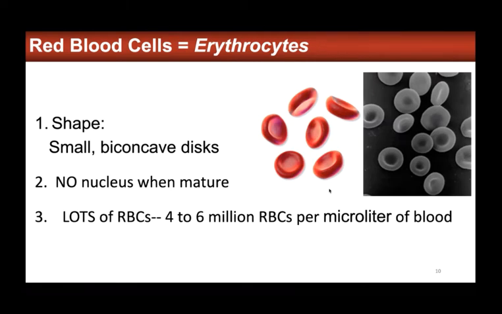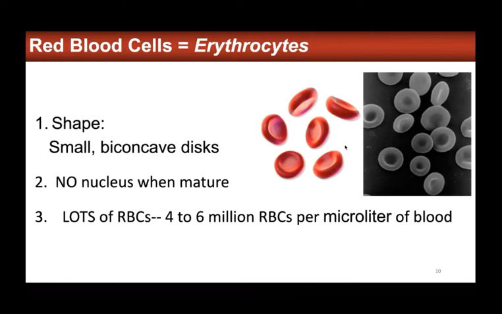And by having this biconcave shape, you end up with more cell membrane for gas exchange. As you might have guessed from looking at that blood smear, we have lots and lots of red blood cells. It's the most common formed element in our blood.